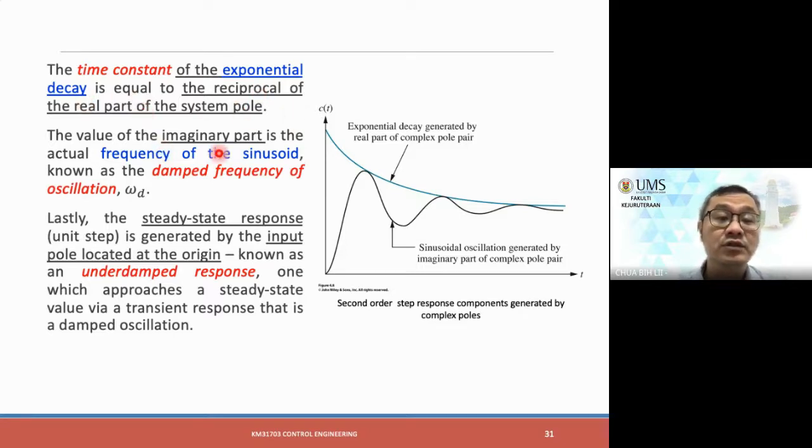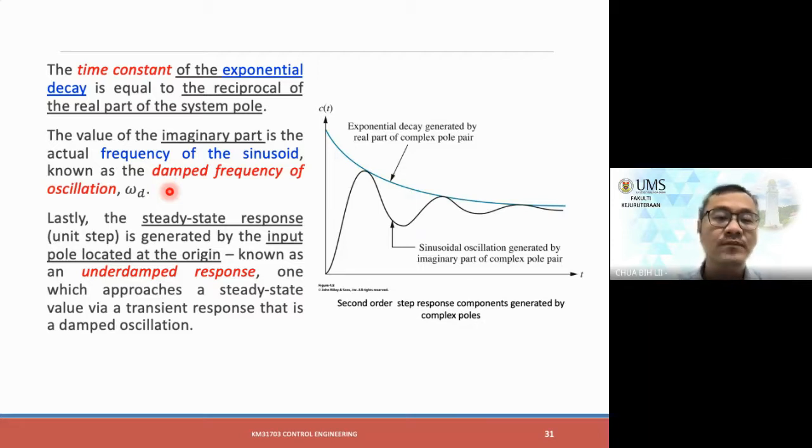The value of the imaginary part would be the frequency of the sinusoidal, or we call it the damped frequency of oscillations, omega d, which you will see later on, and probably you may also see it in mechanical vibrations. I'm not sure whether you have seen it now or maybe later on.